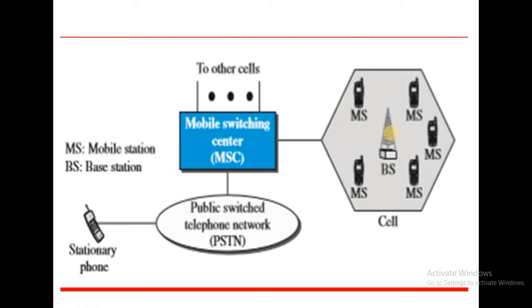Many cell phones are connected to one base station, and this entire thing is called a cell. A cell consists of a base station as well as multiple mobile stations, and it is represented in a hexagonal format. It indicates an area, which is also called a cell.